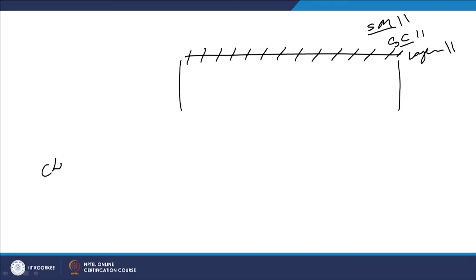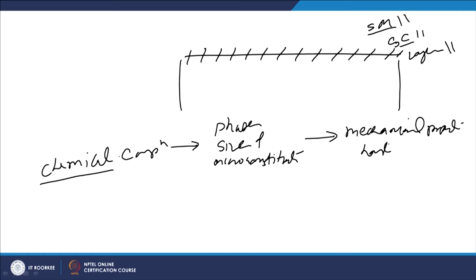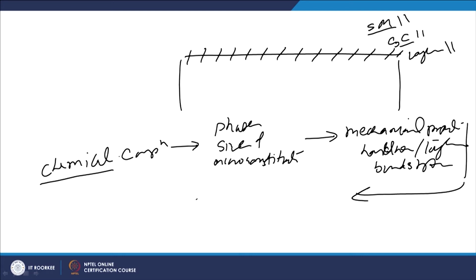As I have said, we need to see the chemical composition. So, the chemistry of the surface is to be determined, since the chemical composition directly affects the various phases and the various sizes of the microconstituents which will be present at the surface, and these in turn will be governing the mechanical properties like hardness, toughness, bond strength, etc., and these in turn will be governing the resistance to wear.